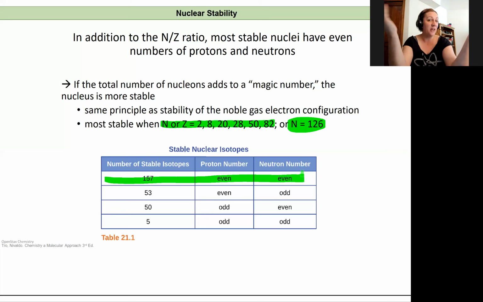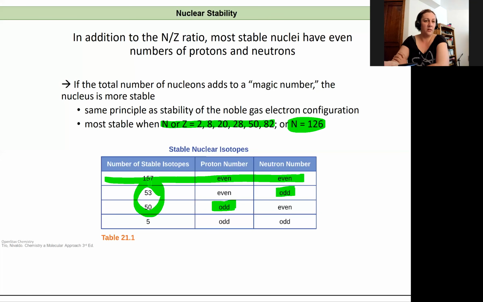We've got 157 stable ones with that even-even arrangement. Once the neutrons or the protons have an odd number, the number of stable isotopes dramatically decreases. And if they're both odd, there are only 5 stable isotopes. These are some guiding ways to think about this.